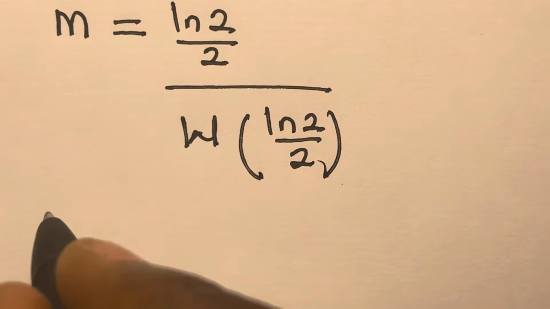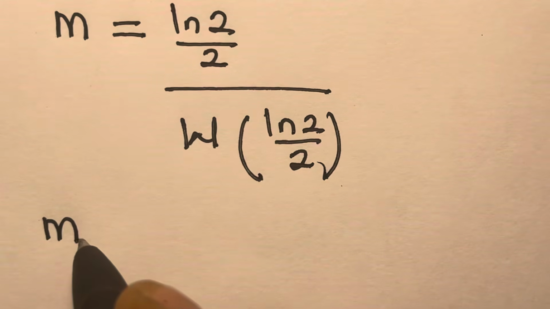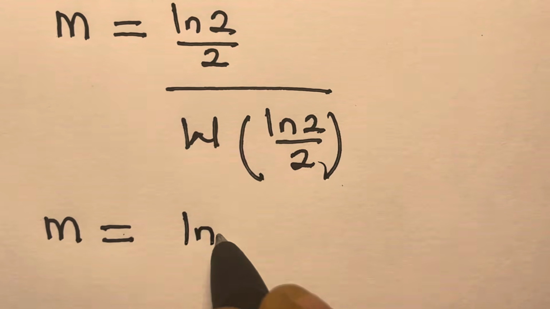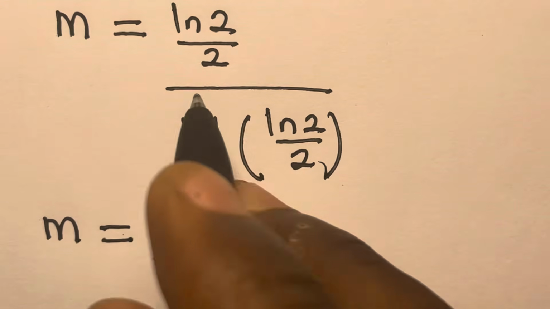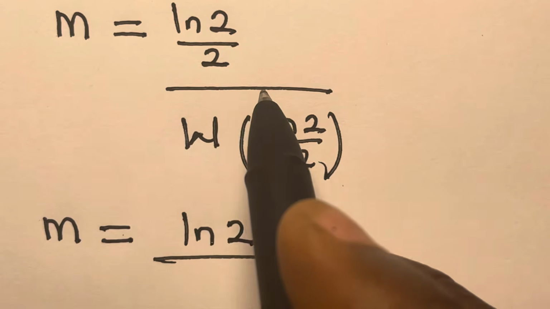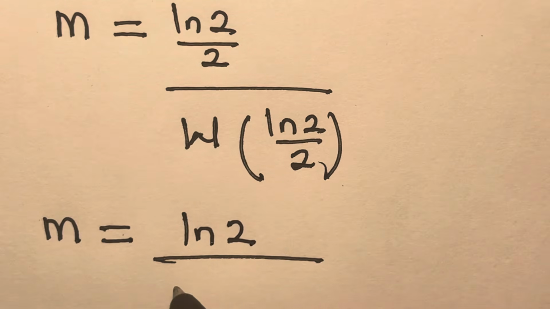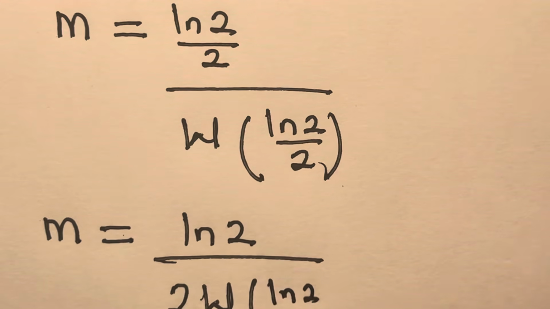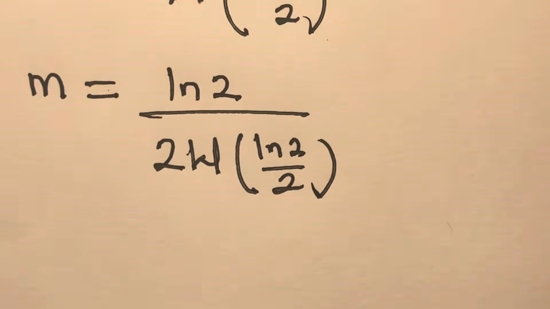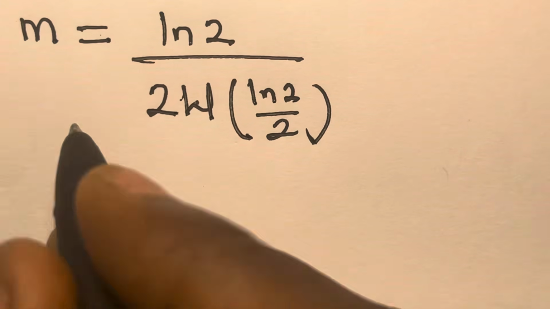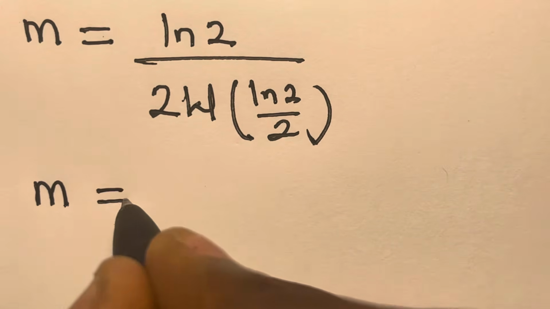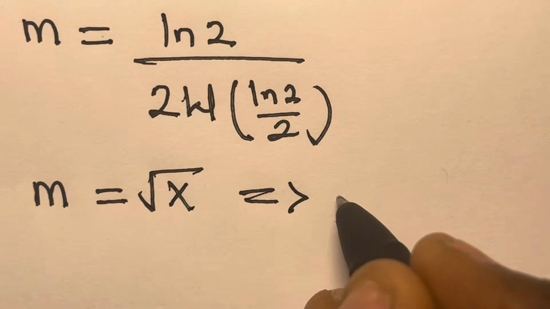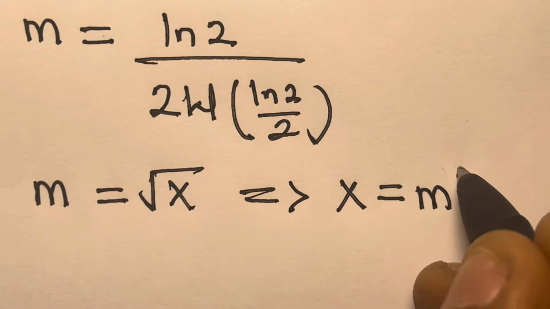So we are going to have m equals ln 2 divided by, if you change this division to multiplication, so we have 2 multiplied by the Lambert function of ln 2 divided by 2. So now we have m equals the square root of x, which implies that our x equals m squared.